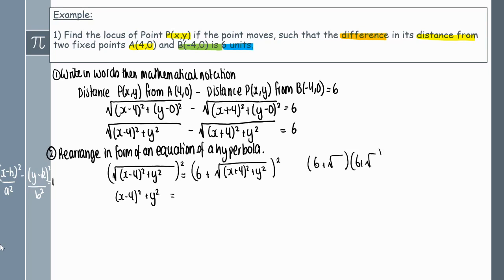Remember, this is what we're really doing. So first we do 6 times 6, that's 36. We're going to have 6 times everything in our square root, plus another 6 times everything in our square root, so that will give me 12 times everything in our square root. Lastly, I'll have the square root times the square root. Again, the square roots will just disappear here. So this is the nice part.